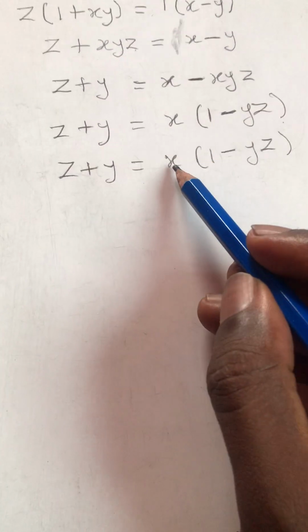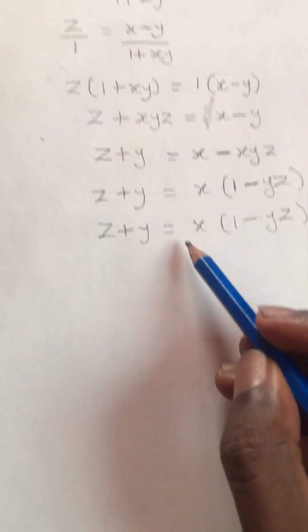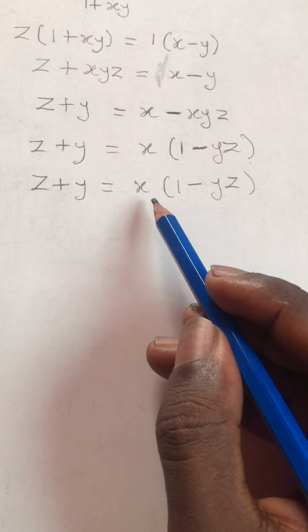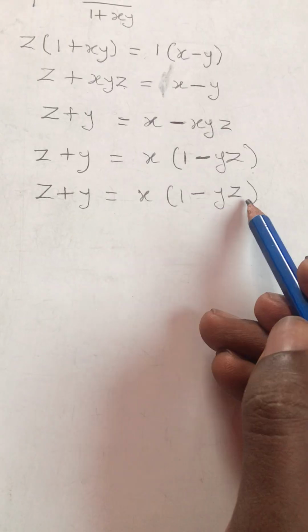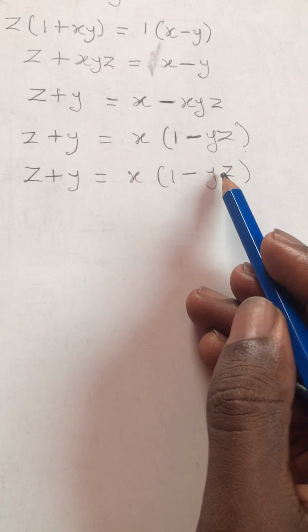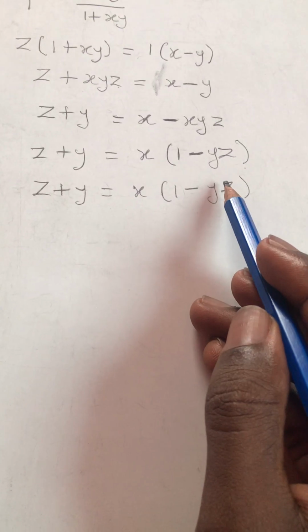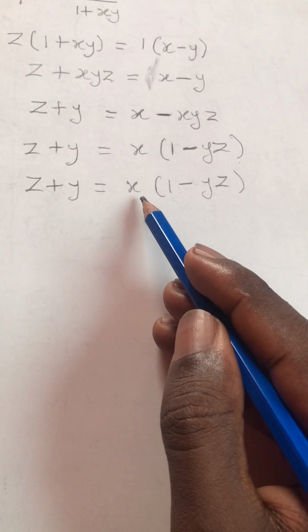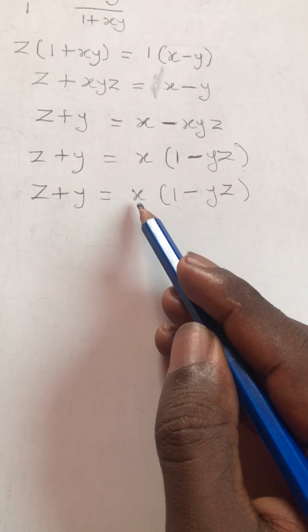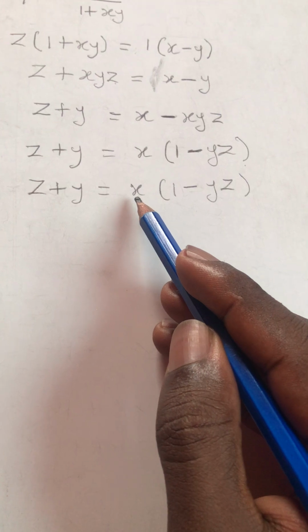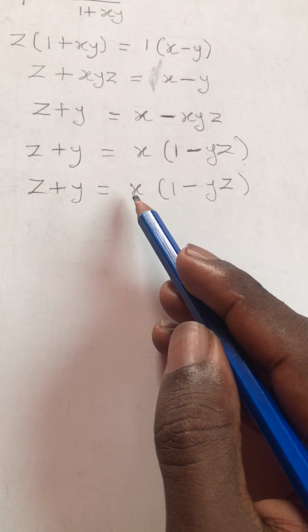We were asked to make x the subject of the relation, but x is not independent. In fact, it is multiplied by the bracket 1 minus yz. So in order to make x independent, for x to become the subject of the relation, we have to divide the equation by the bracket 1 minus yz.